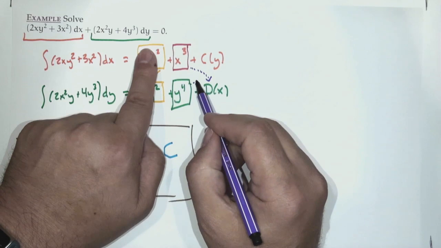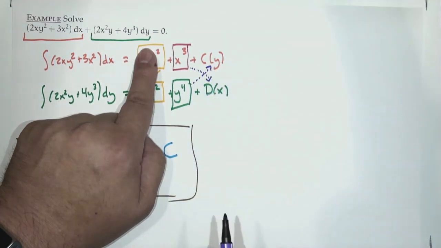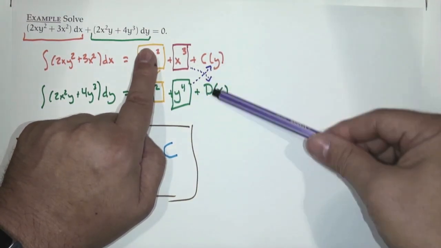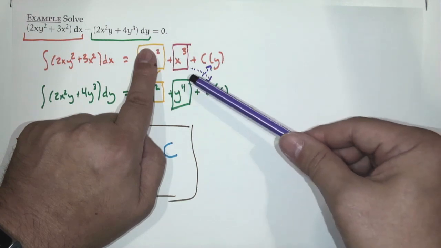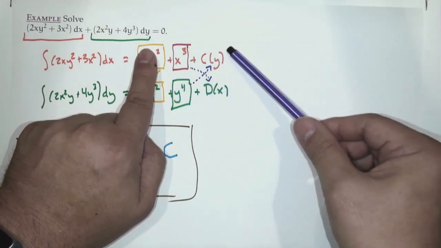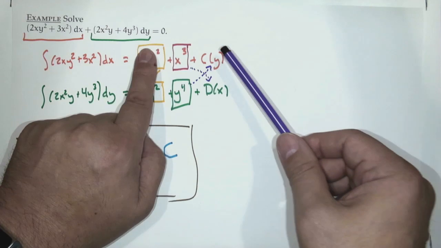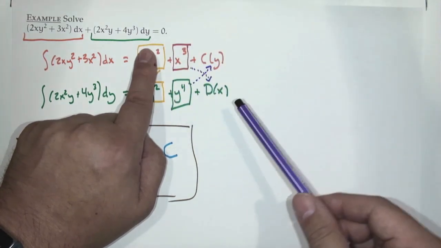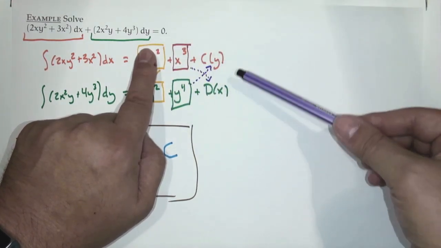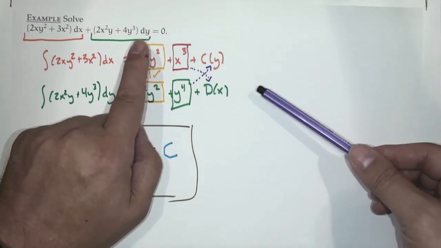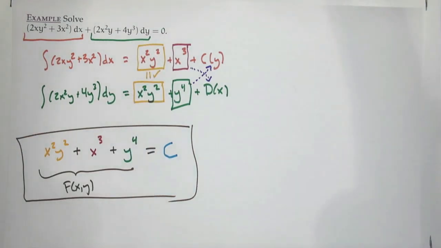That y to the fourth is hiding in the c of y term. That's why you have to do both integrals. Because if you only do one, you can't capture what's inside that function. So collectively, these are equal up to knowing what's inside those functions. Okay. All right. Good.